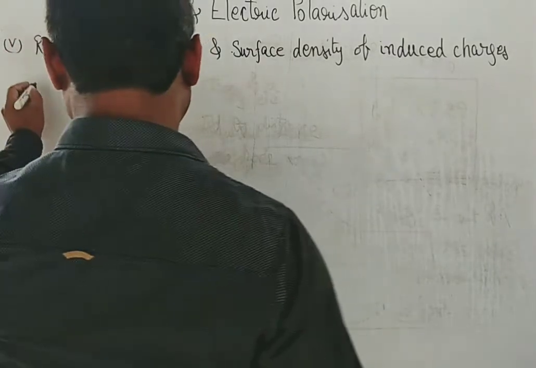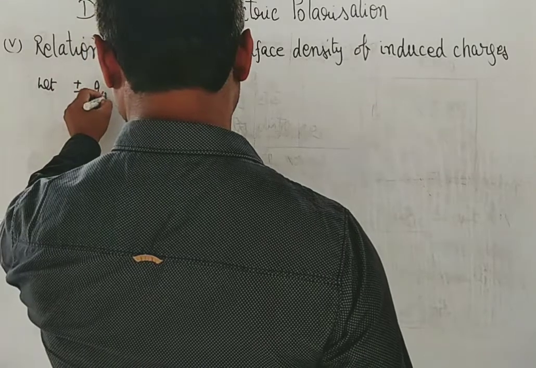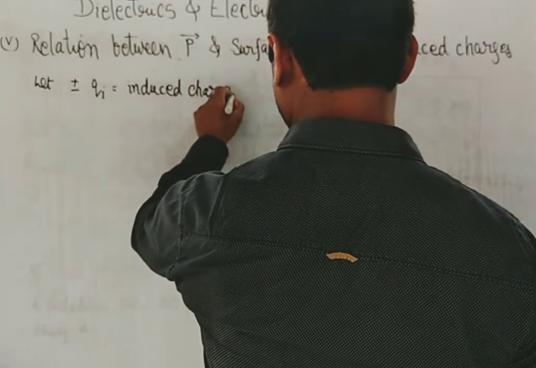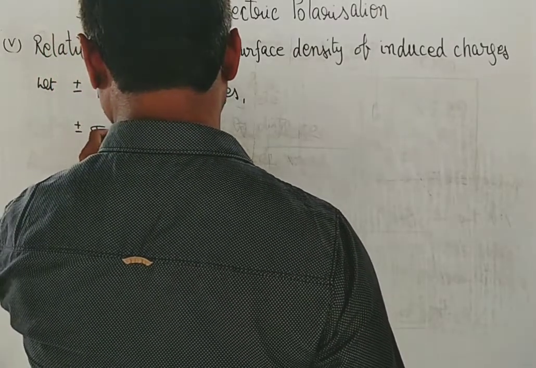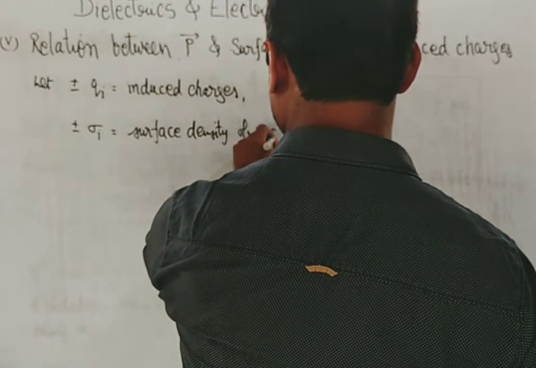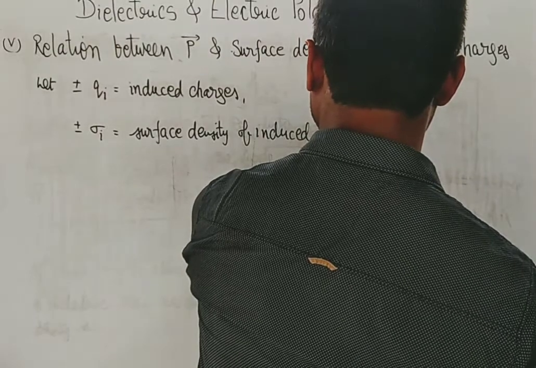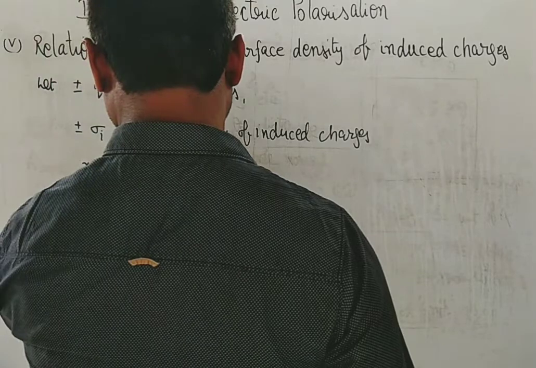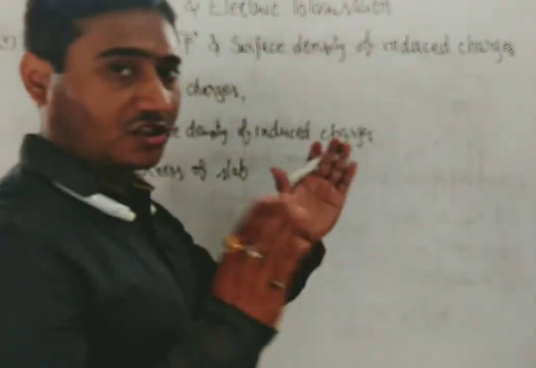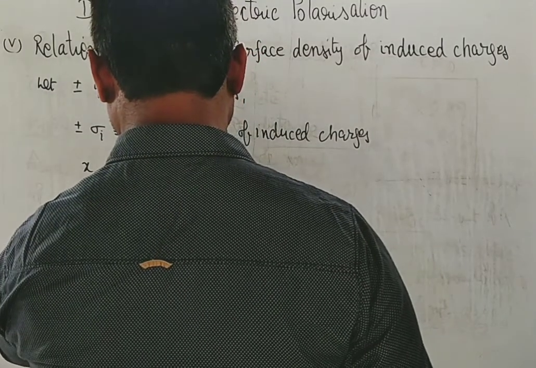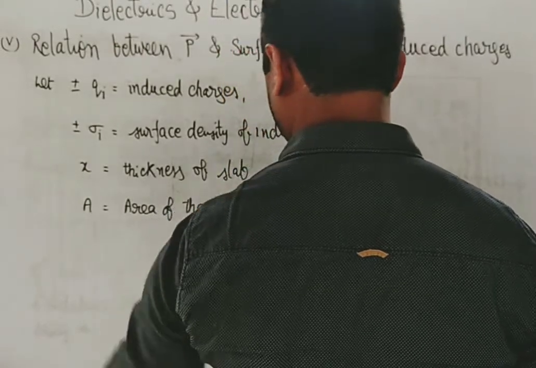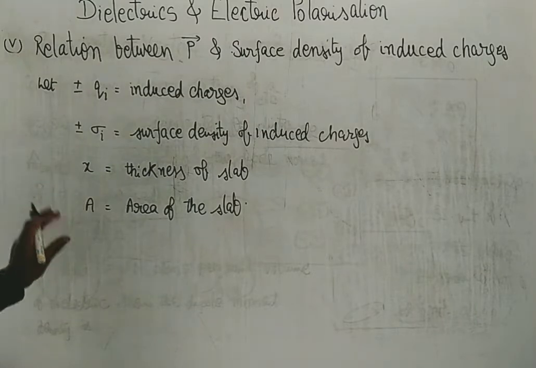So here, let plus minus Qi be the induced surface charges, plus minus sigma i the surface density of induced charges, x the thickness of the slab that is kept within the parallel plate, and A the area of the slab. With these considerations we'll be proceeding further.